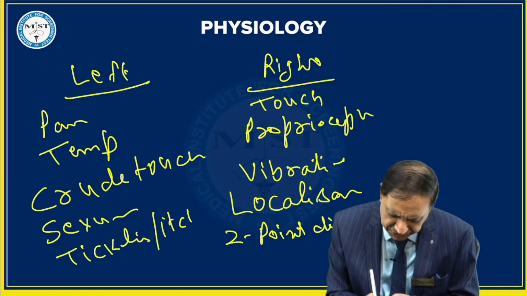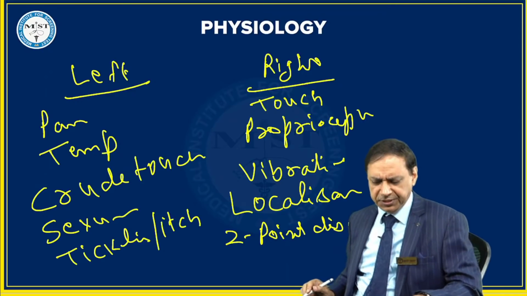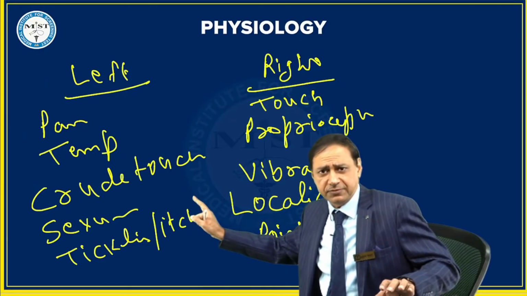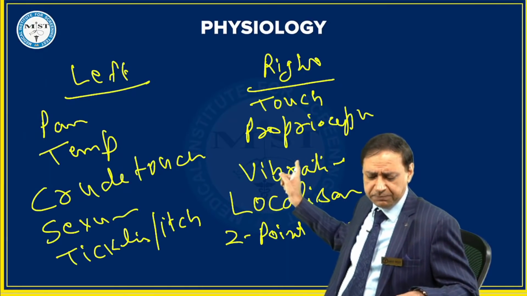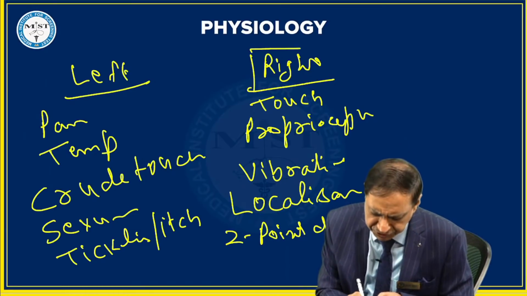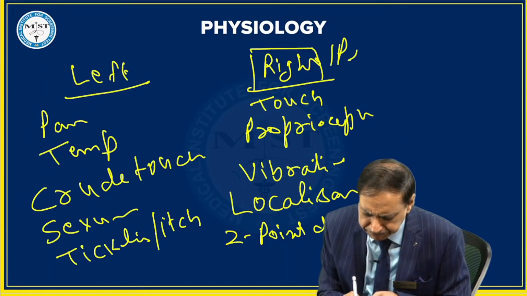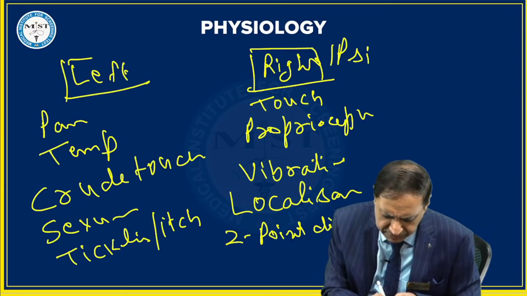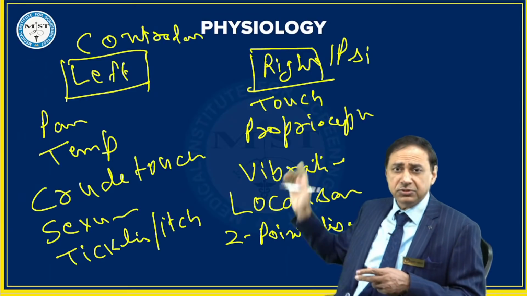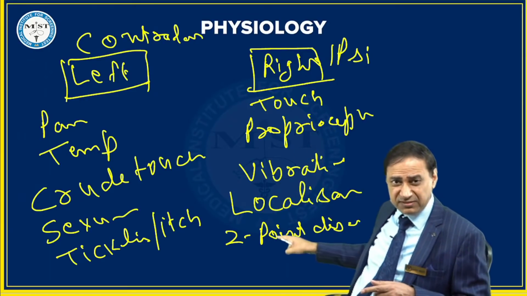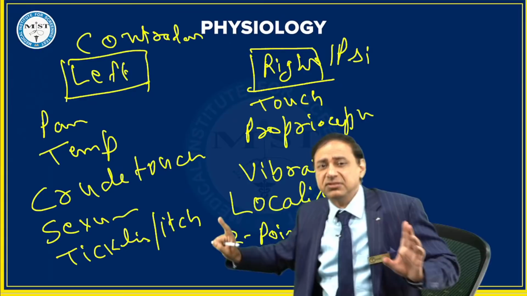Tickling and itch. So right, left, if you know the anatomy, then this will go ipsilateral, and this is contralateral. So ipsilateral loss of this thing and contralateral loss of this thing.